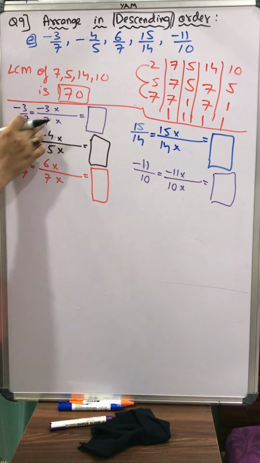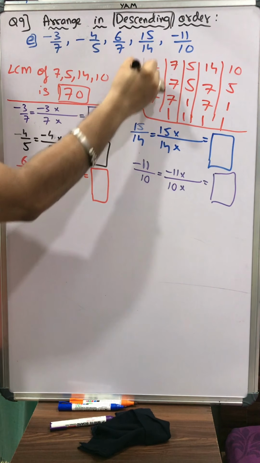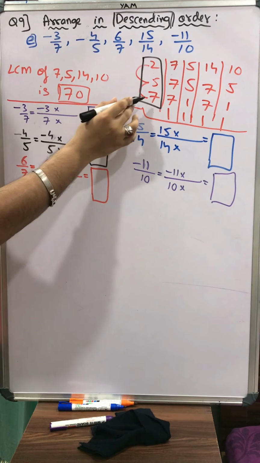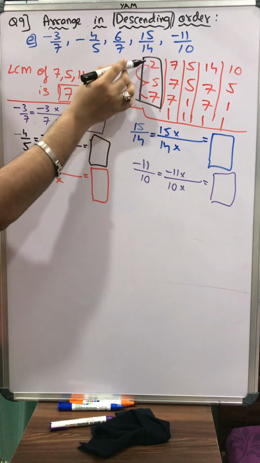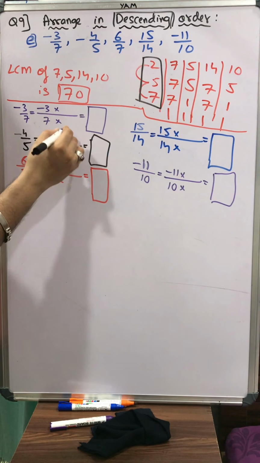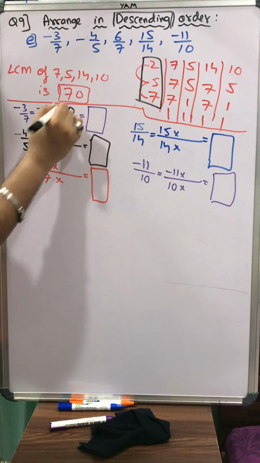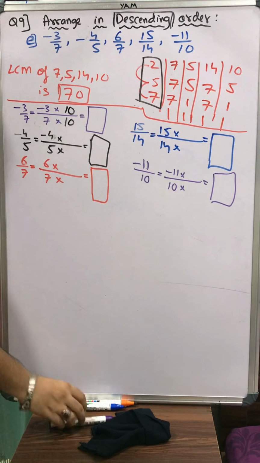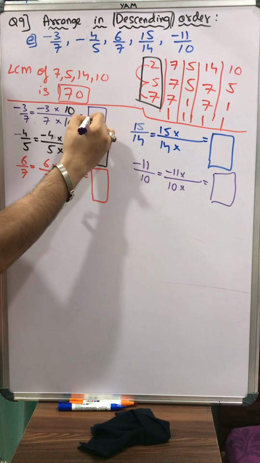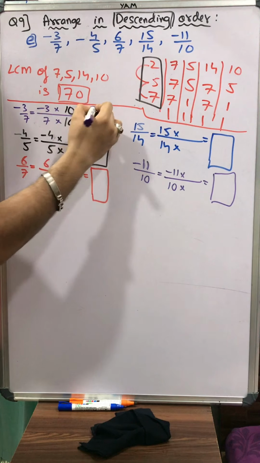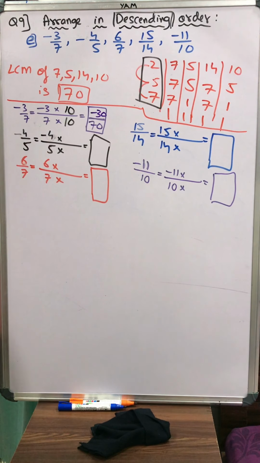See, we already have 7 here. Have an eye on this first column. We already have 7, so what are the remaining numbers? 5 and 2. So 5 2s is 10. That means we always have to multiply with the remaining numbers. So 10. What will be its effect? In the denominator I get 7 tens are 70, and minus 3 into 10 is minus 30. Okay, now let's proceed.